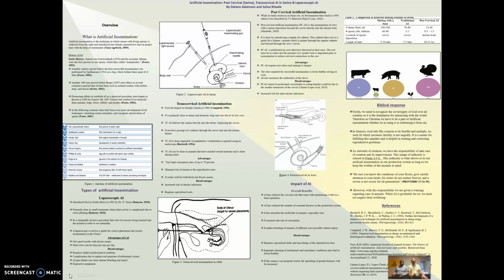Laparoscopic AI is very advantageous because it gets really good results with frozen semen. Also, more use can be done per ram per day, and this procedure is highly efficient, with over 70% conception rate. However, this procedure also has a lot of disadvantages.